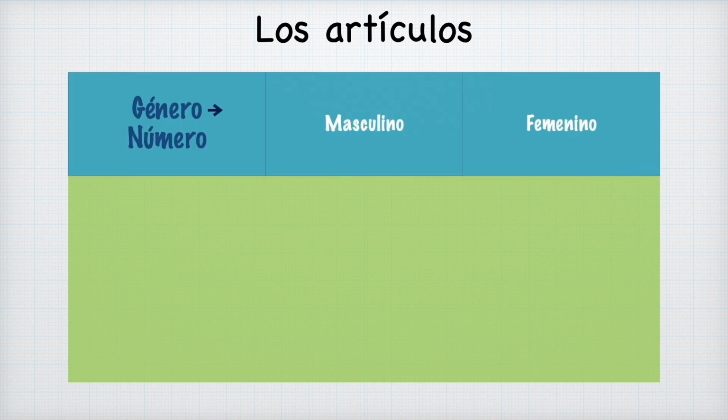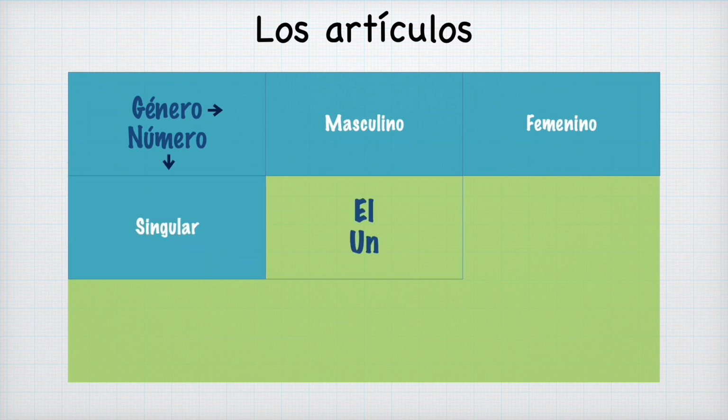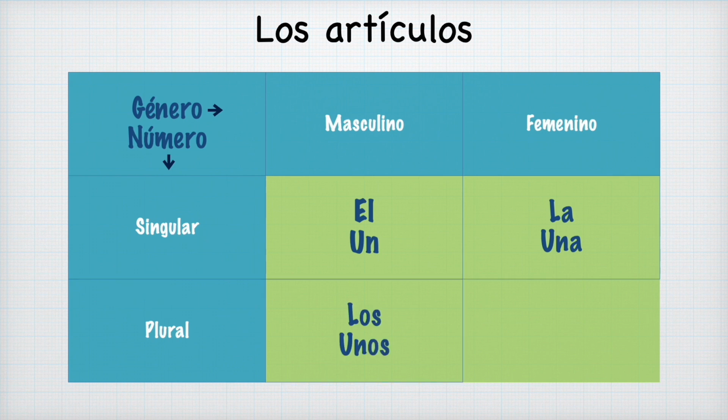I want to take a moment to review the articles in chart form. So we have masculine and feminine, and then we have singular. For masculine, we're going to use el or un. For feminine, we're going to use la or una. And then for plural, we're going to use los or unos.